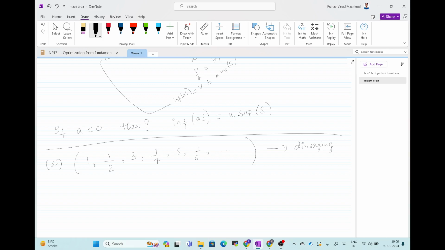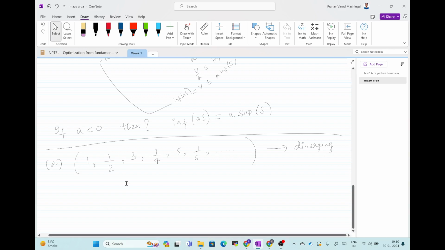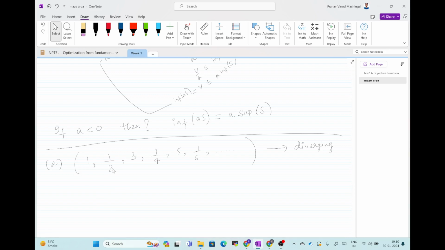But the even subsequence, is it bounded? Yes. Is the even subsequence converging? Yes, it is converging. So there is a subsequence in this which is converging, and there is a subsequence which is not converging, it's diverging.